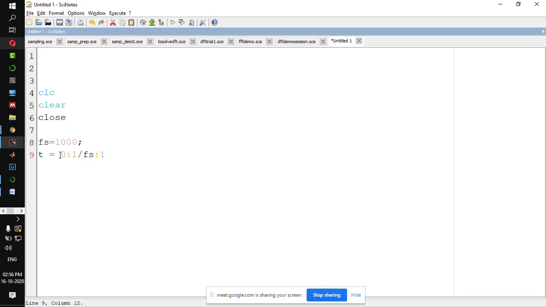The total length of this should be 1000, but when I define it like this, the total length will be 1001. Why? Because it includes 0, and I included 1 as well. So I have to exclude the last sample; it should be 0 to N minus 1. For that, I subtract 1 by fs from the last sample.